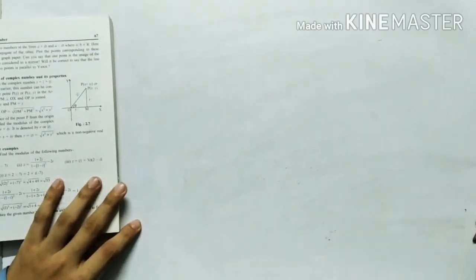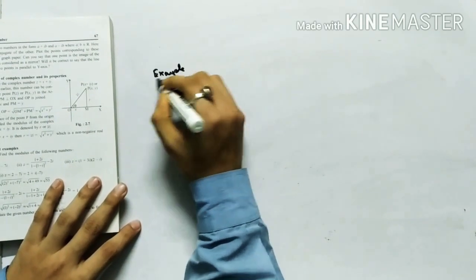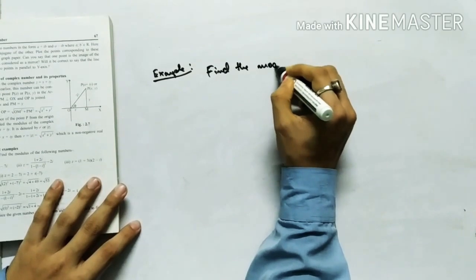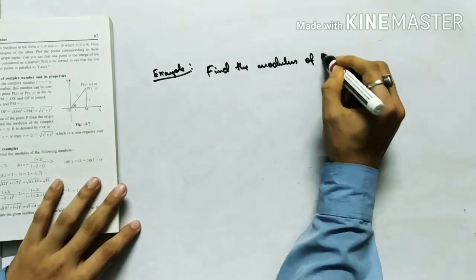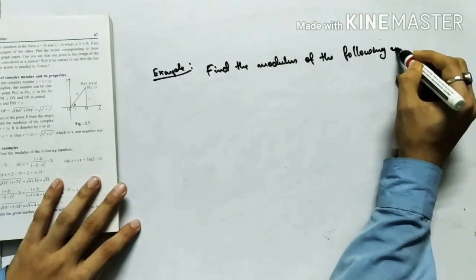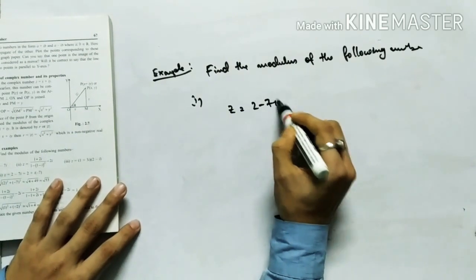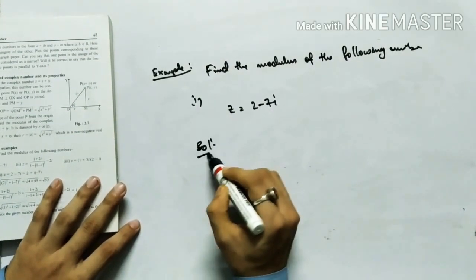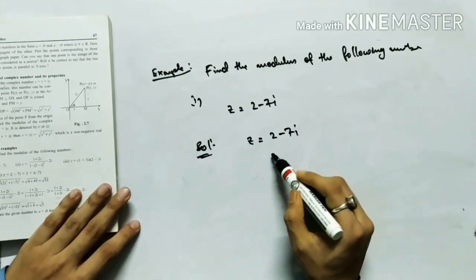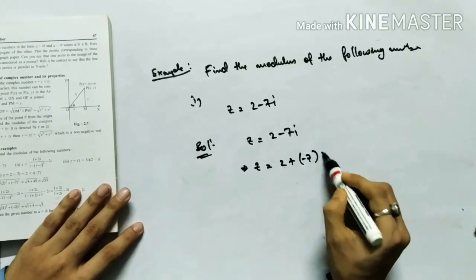Next, here is an example. Find the modulus of the following numbers. First, z equals 2 minus 7i, which I can write as z equals 2 plus minus 7i.